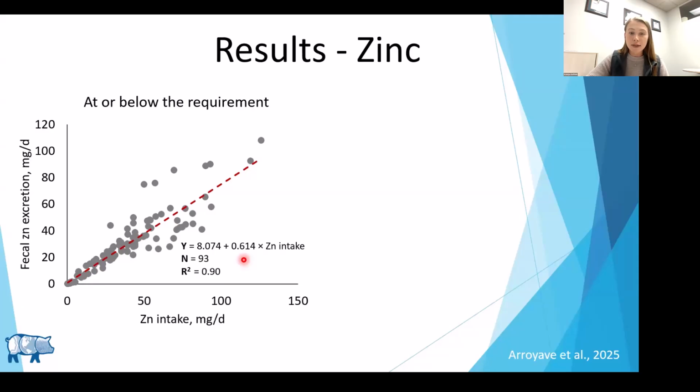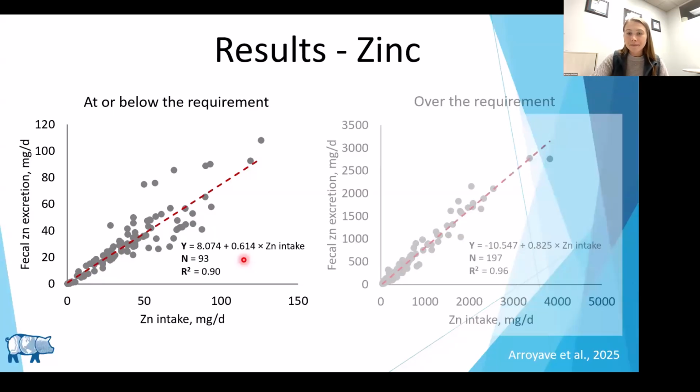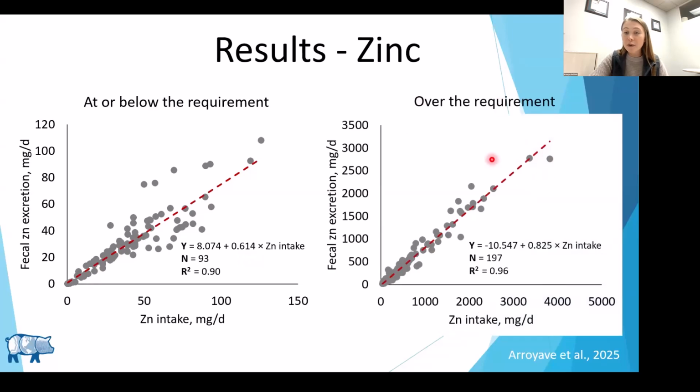We did see some other factors impact the excretion, such as the type of mineral added or other feed additives. However, really still the main driver was zinc intake. Additionally, we have this other model where we have over the requirement, and we see that the model then accounts for 82.5% of the total fecal zinc excretion.